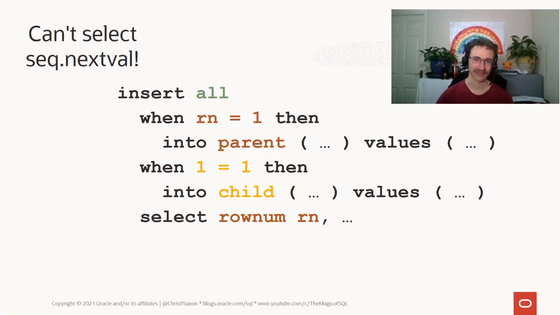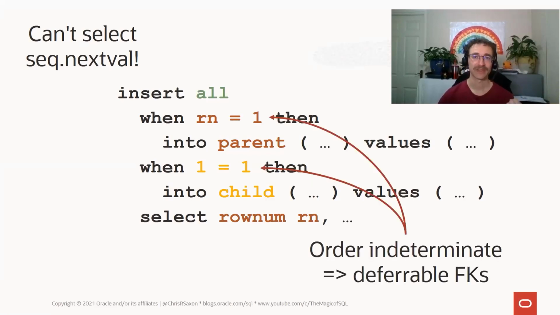The next important thing to be aware of is that with insert first, multi-tables go top to bottom and process the statement in that order. With insert all, the actual order it chooses the tables is indeterminate. That's by definition, part of how it works. It doesn't say it goes parent first and then child.